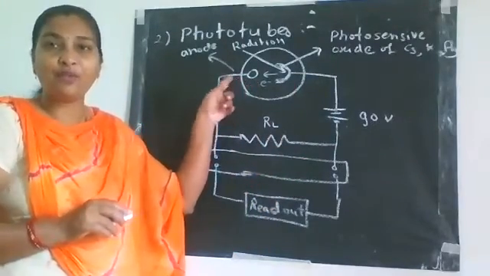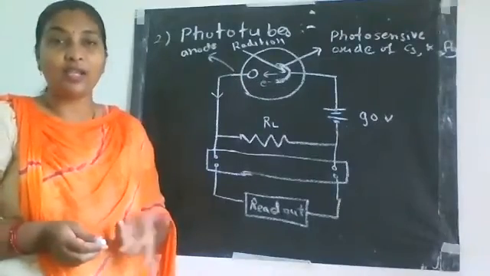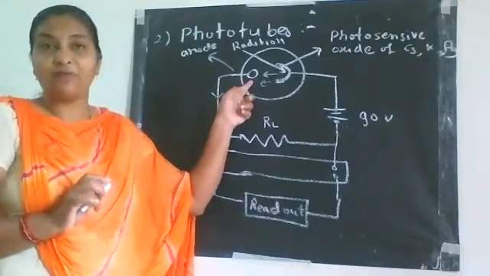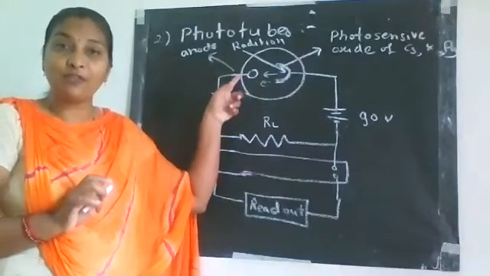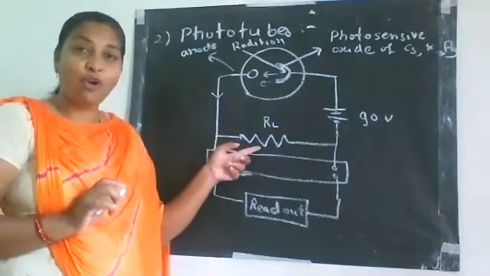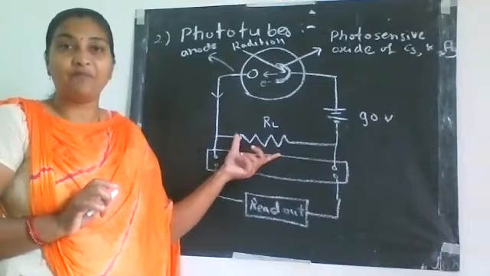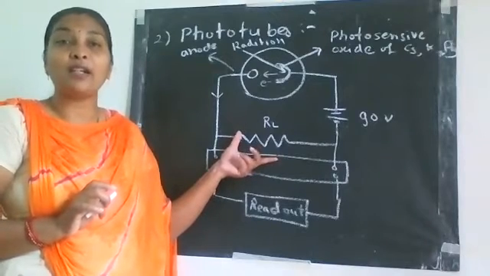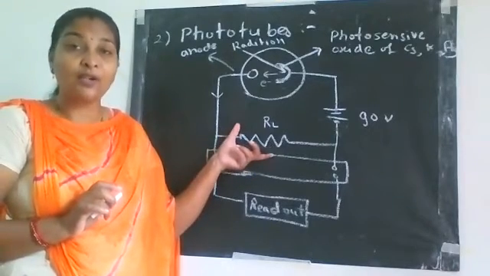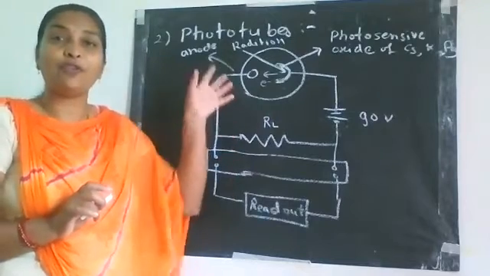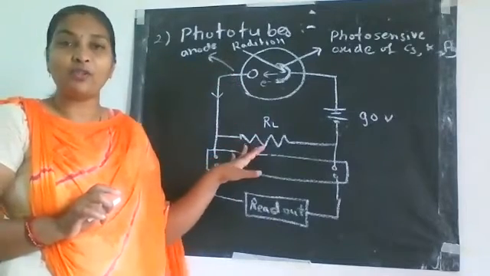Flow of electrons is nothing but current, so a photocurrent is generated from the anode. As a result of this photocurrent, an IR drop occurs across this resistor. This IR drop is directly proportional to the photocurrent. If the photocurrent is more, then the IR drop is also more.